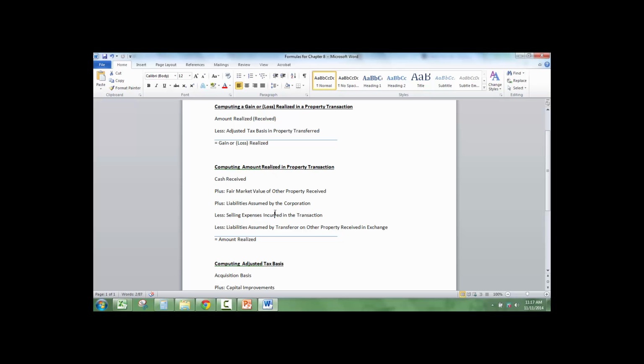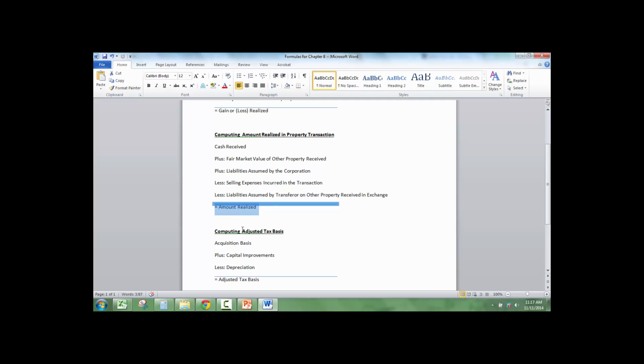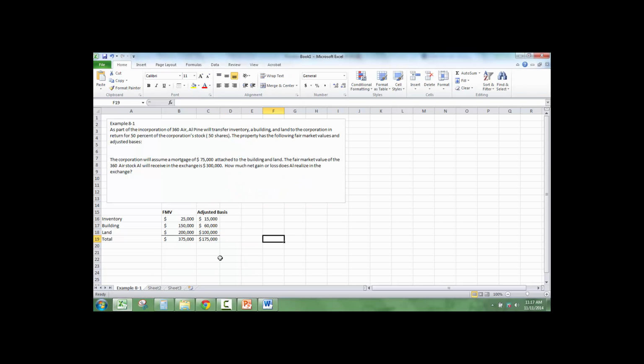It's cash received plus fair market value of any other property received plus liabilities assumed by the corporation, less selling expenses incurred in the transaction, and less liabilities assumed by a transferor on other properties received in exchange equals amount realized. And then computing the adjusted tax basis equals acquisition basis plus capital improvements less depreciation equals adjusted tax basis. So let's work on a problem from the book.